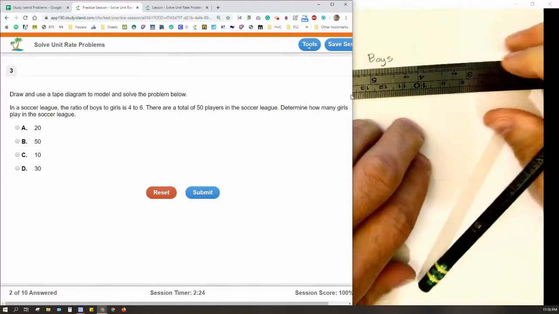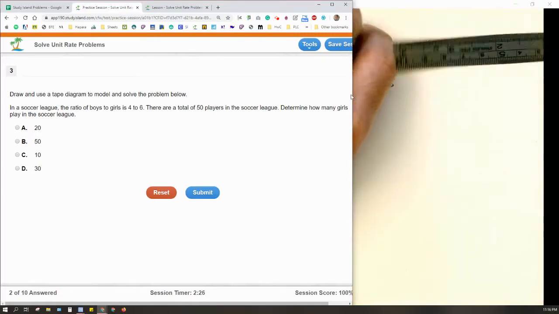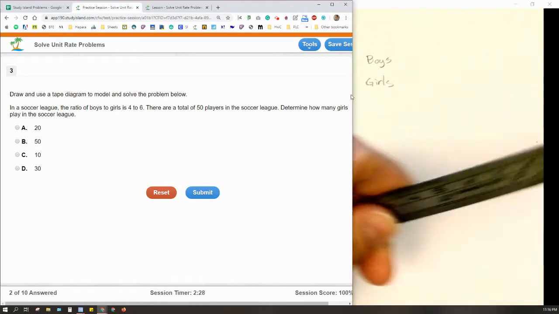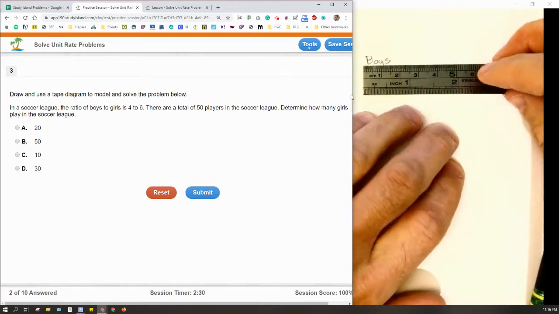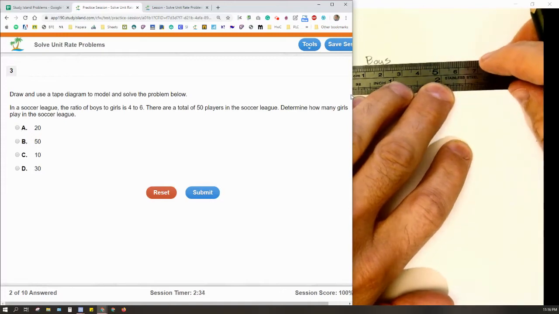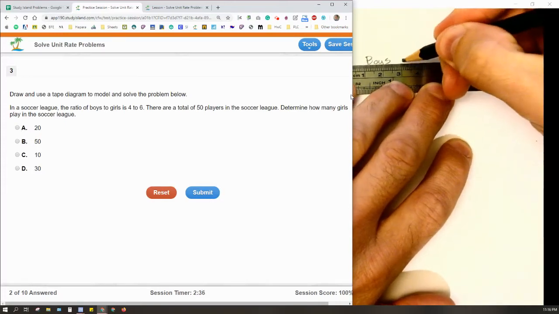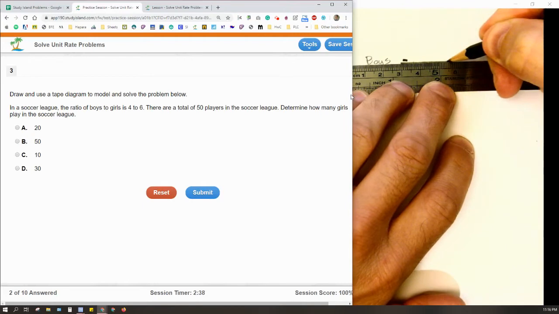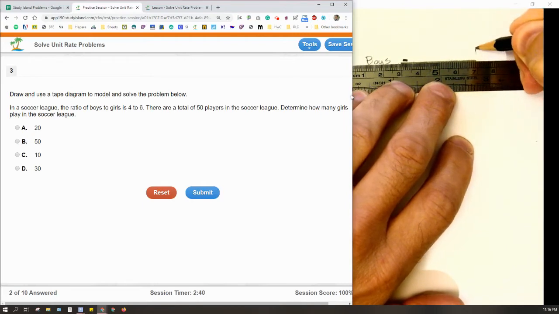So how many sections do we need for the boys? Well, the ratio is 4 to 6 with boys to girls. So 4 for the boys, 6 for the girls. I'll mark these off at about a centimeter each. 1, 2, 3, 4.